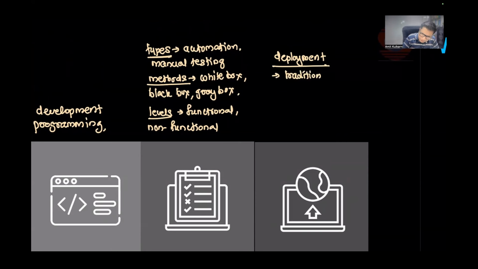Traditional deployment means you are going to deploy the application using physical machines. We never use physical machines in today's world just because they are very costly and there is no need to go with capital expenditure. Now, what's capital expenditure, capex and opex? We'll talk about that in the cloud version, but right now we generally do not do it anymore.